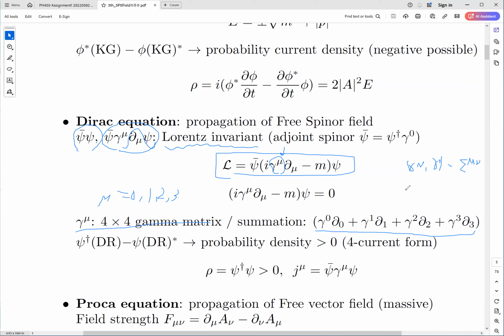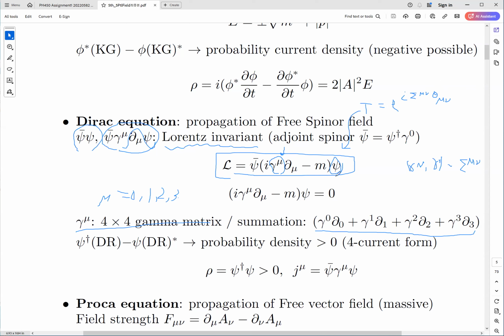So there are generators, capital sigma mu nu, and the parameters, the boost parameters or rotational angles, that are being used. This becomes the transformation, and it acts on some field, for example the spinor field.